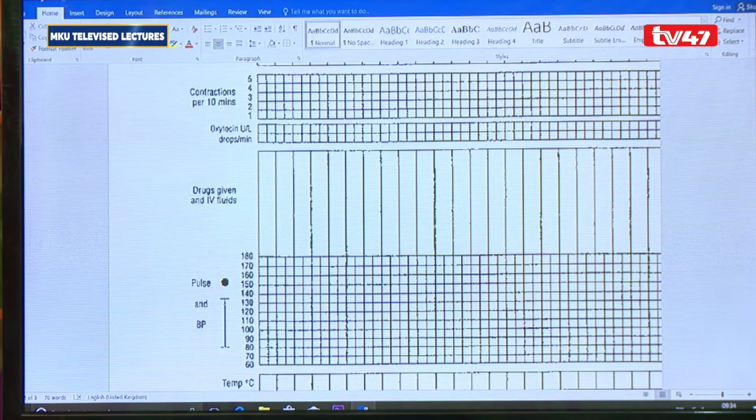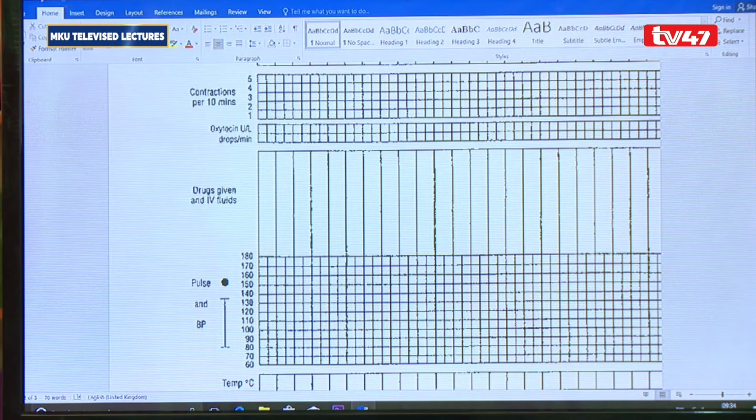The contractions are usually charted using a black pen. Now, the contractions can either be mild, moderate, or severe. For mild contractions, these take less than 20 seconds. Contractions are measured every 10 minutes.